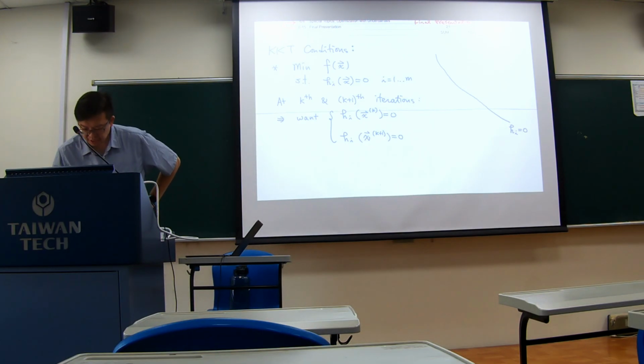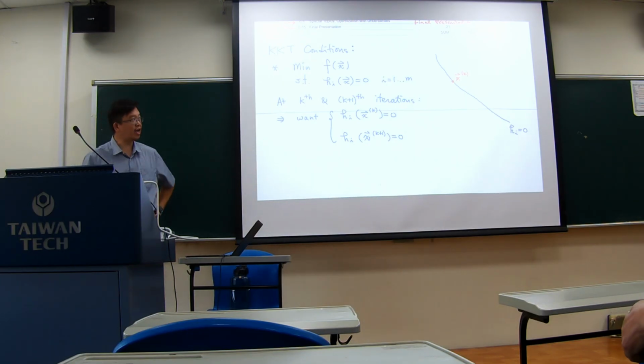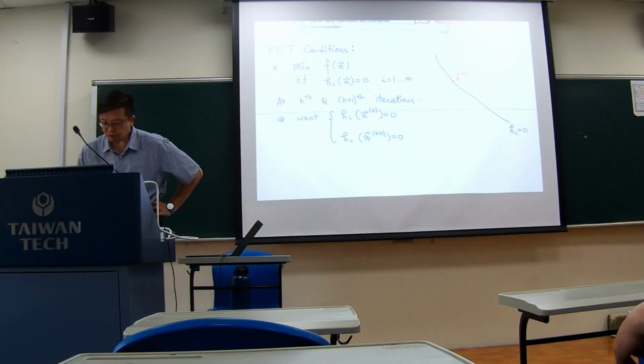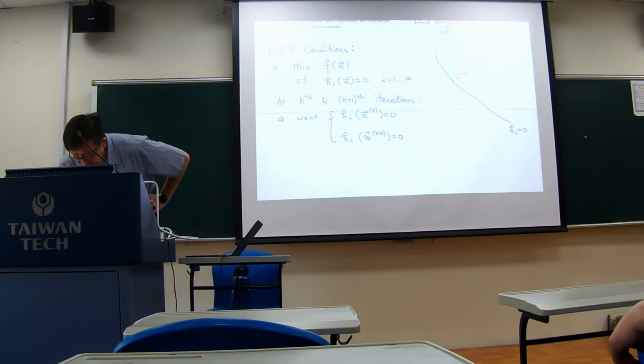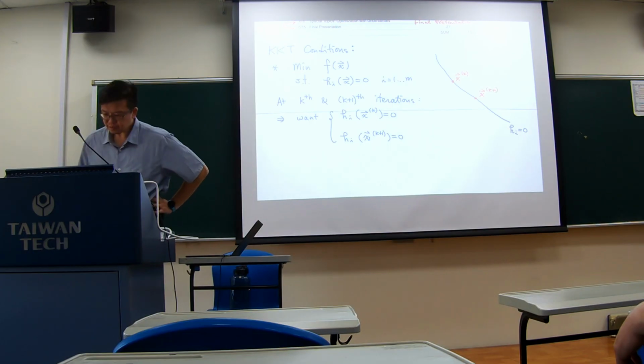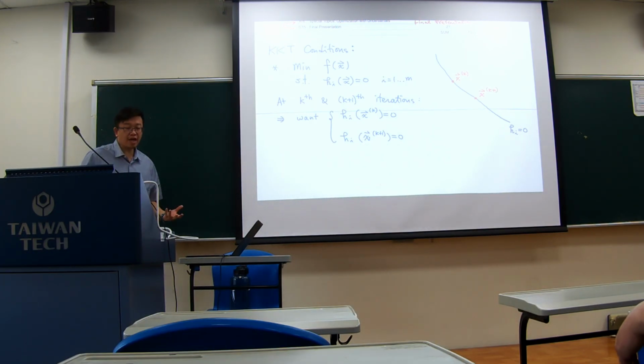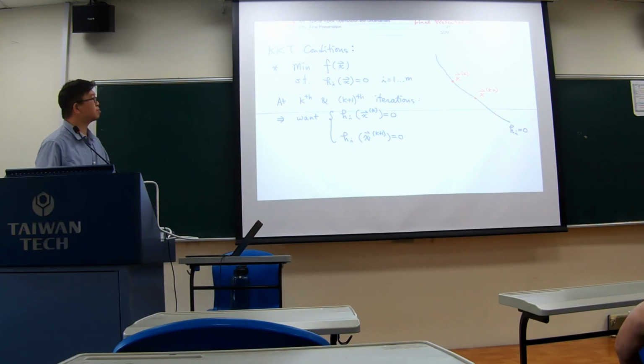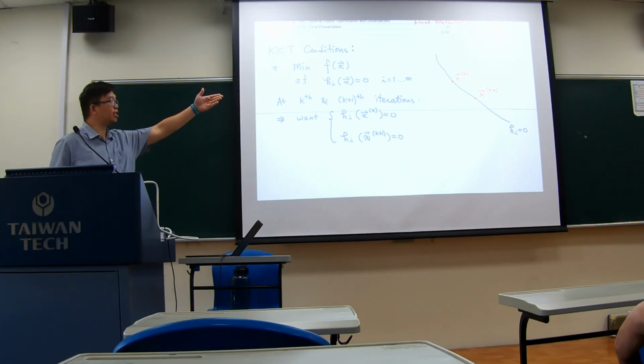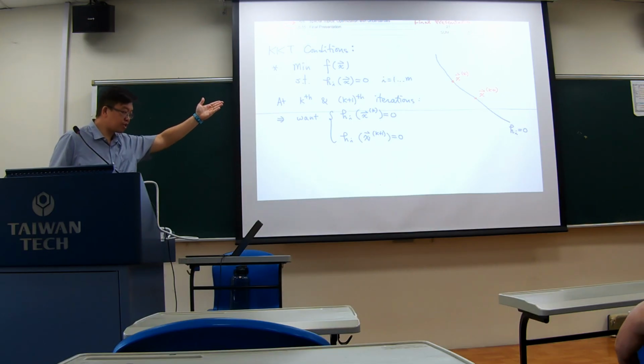And let's say this is your design point at the k iteration. Your x at k plus 1 may not be located at the same position.